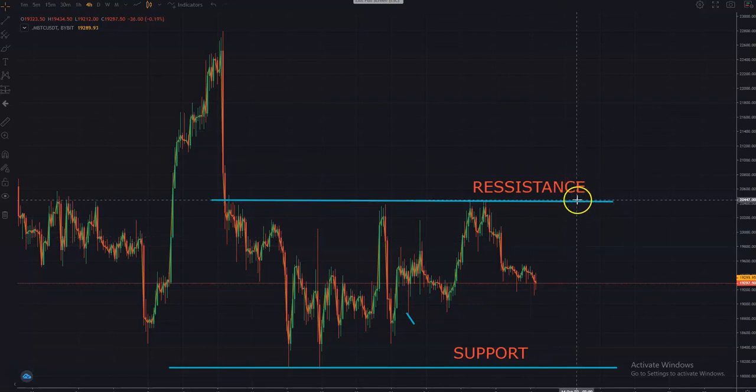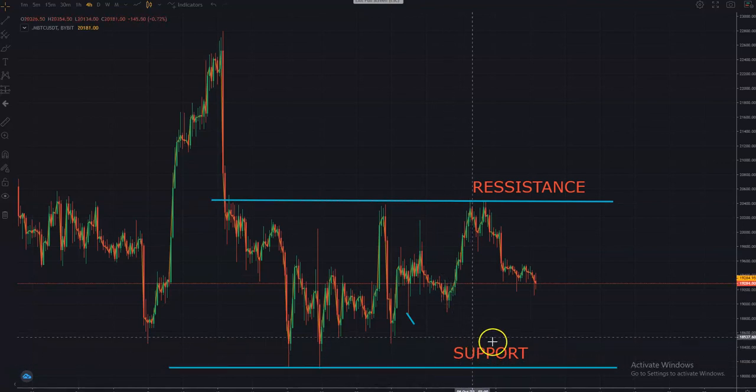To measure this price action, you simply apply: this is my support and my resistance line, and then you mark the prices. Your resistance is at $20,000 plus, and your support line is at $18,000.